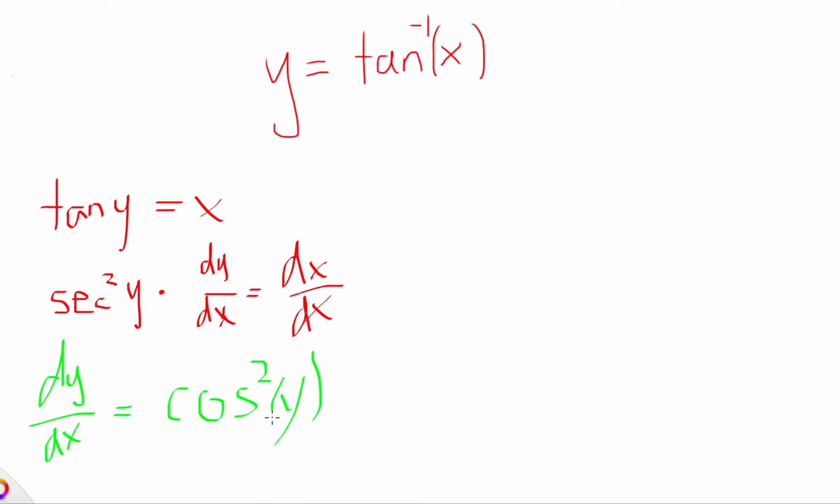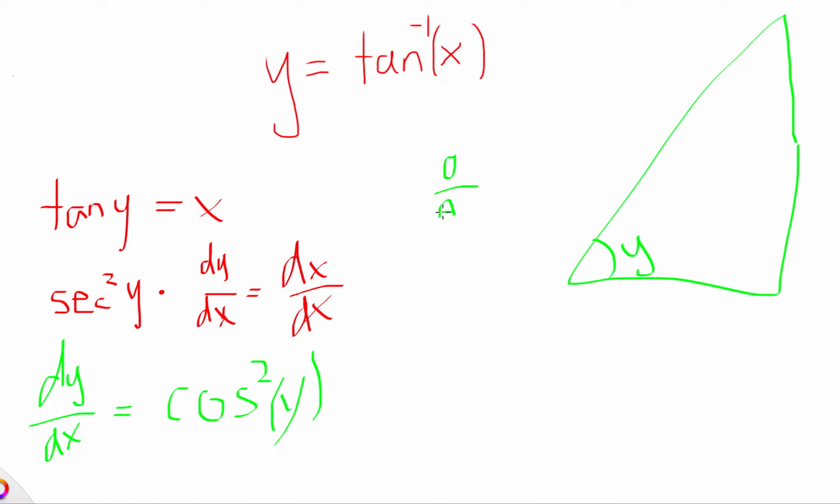So let's think about the geometric triangle stuff that we learned in geometry. We are given that tan y equals x. So maybe we can use that to figure out what cosine equals by using the legs of our triangle. Tangent of y equals x. Tangent equals opposite over adjacent. So opposite over adjacent has to equal x over 1. So opposite equals x, adjacent equals 1.